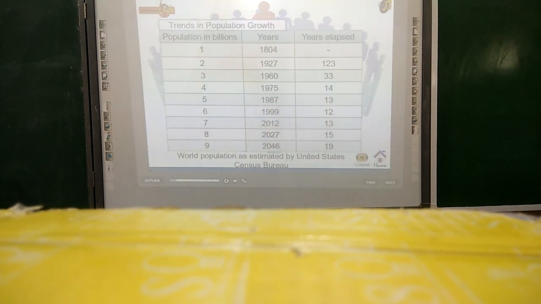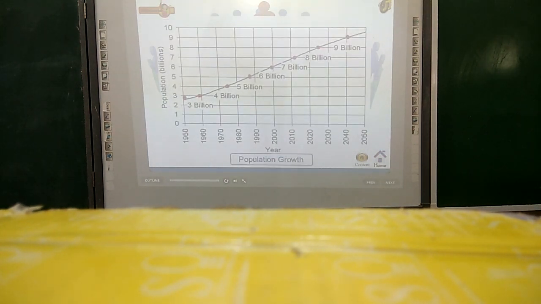Let us have a look at the trend in world population growth as estimated by the United States Census Bureau. Here the graph shows 1952 to almost around 2020.